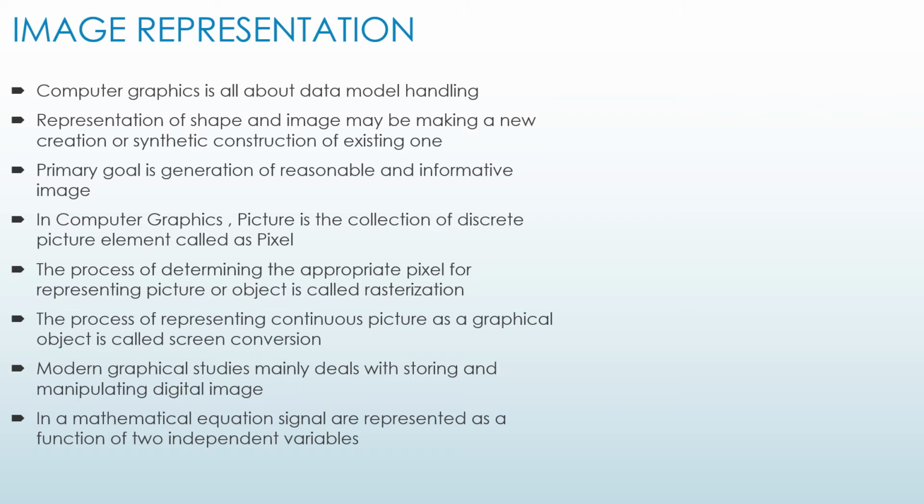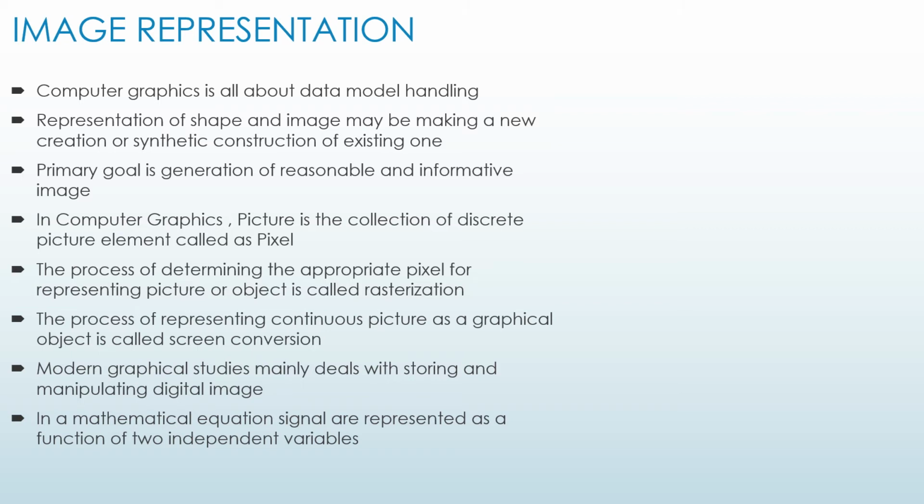There may be minute mistakes if you do it manually, but the mathematical equation gives an appropriate value. Hence, there will be no noise in your picture or graphics. Graphics is always represented with the help of mathematical equations itself. You will learn that in the coming chapters.